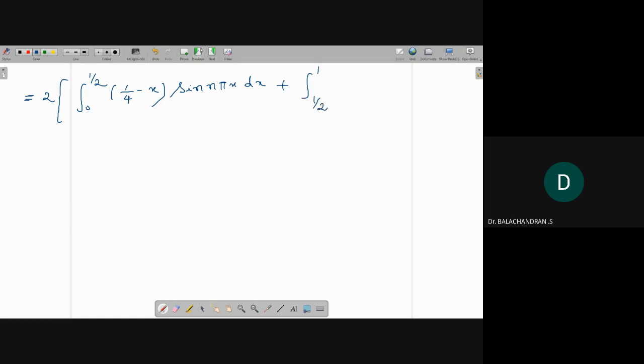In this interval f of x is x minus 3 by 4, into sine n pi x by 1 into dx.